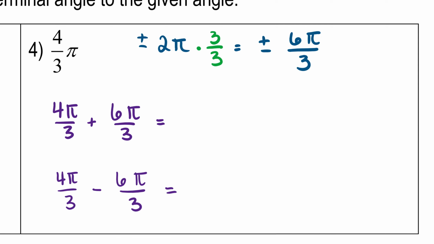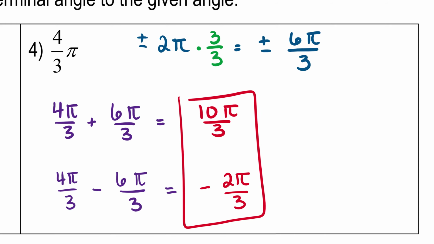I do 4 plus 6, I get 10 pi over 3. I can't reduce that, and it's positive, so I'm good there. On the next one, 4 pi minus 6 pi is negative 2 pi over 3. I can't reduce that, and it's negative, so I have one positive, one negative. That is my answer.